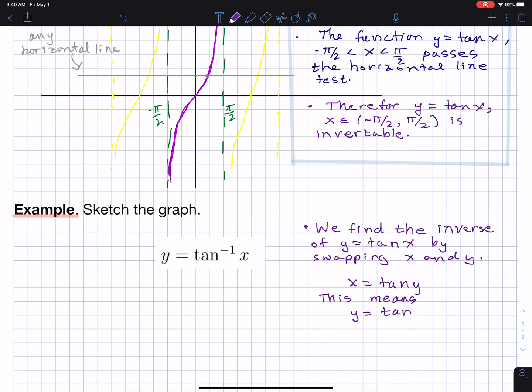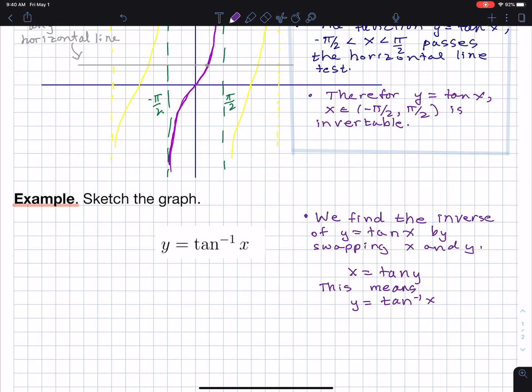The one thing to really keep in mind is that this -1 does not mean reciprocal. Maybe even better is to write, aka, also known as y equals arctan x.